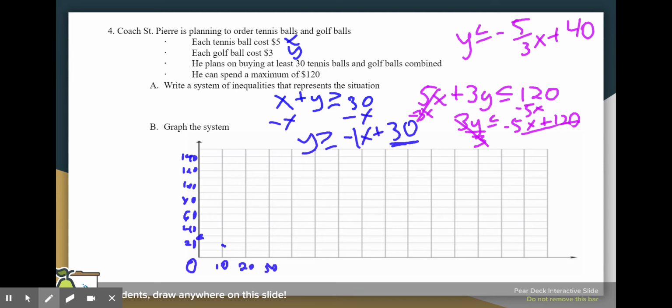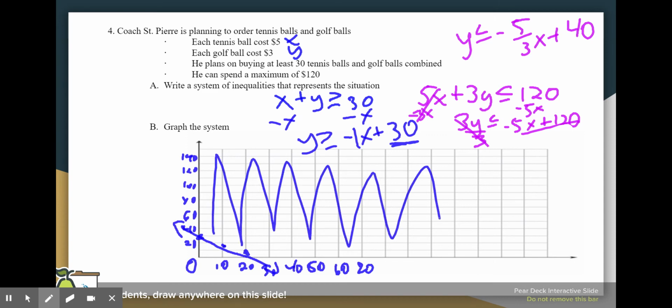Note I skipped every other line in the y's, so that's why I only showed 20, 40, 60. They were close together, so it was more difficult. And then this would be 30, 40, 50, 60, 70, and so on. Then our line is solid. And we shade above. So all of this area is going to be shaded.